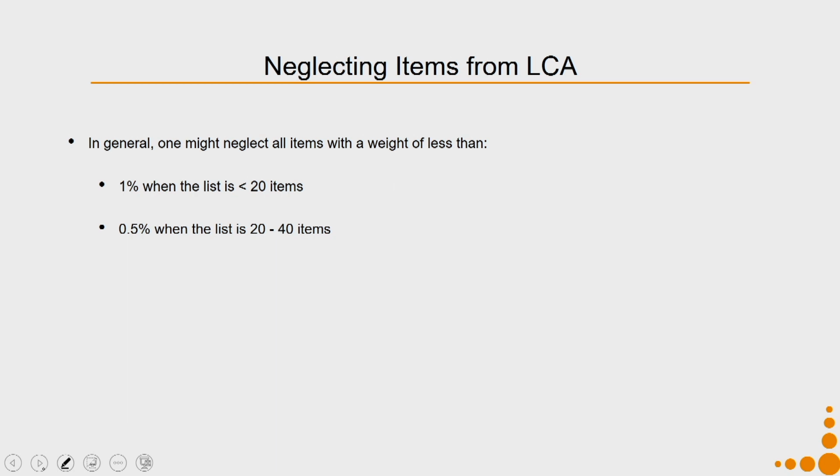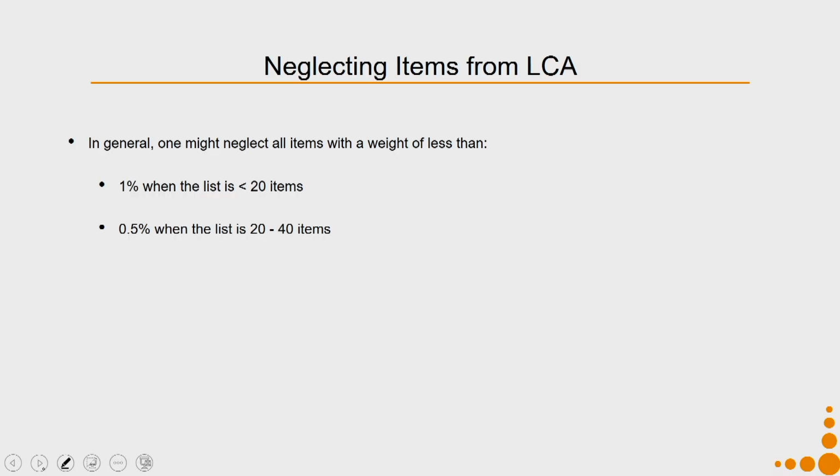Say, for example, in the PET bottle context that we considered, my bottle consists of the bottle body, the bottle cap, the packaging shrink sleeve and the water in it. So, there are 4 items.